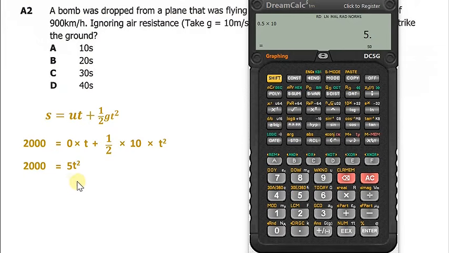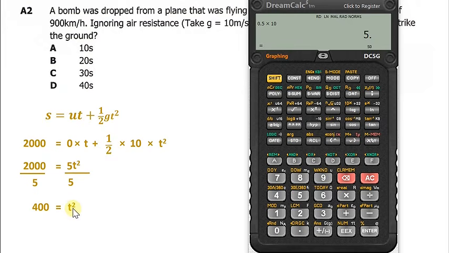Now remember we are looking for t, not 5, so divide by 5 on both sides. 5 into 5 goes, and 5 into 2000 is 400, so t squared equals 400.